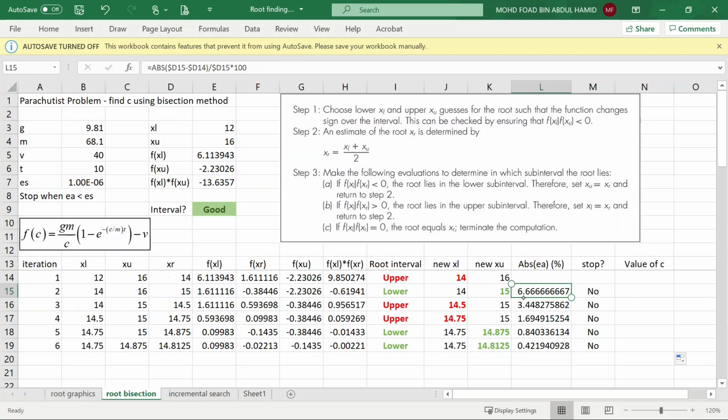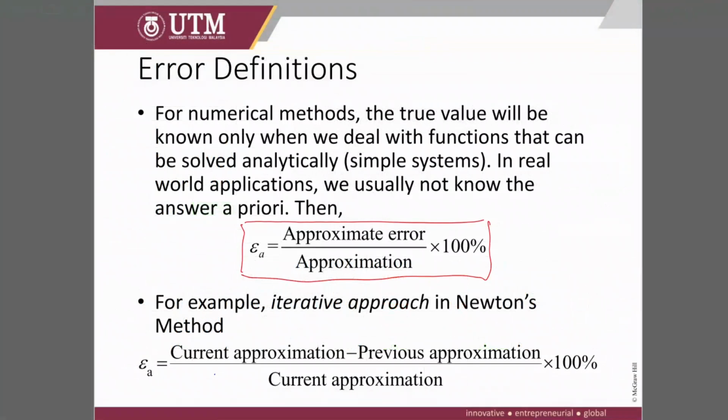This is the error calculation. That's how I implement the approximation error.